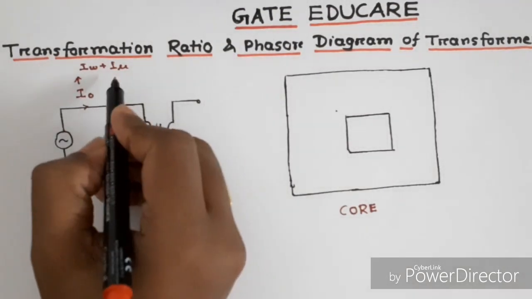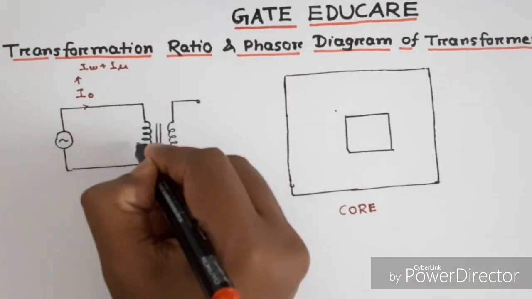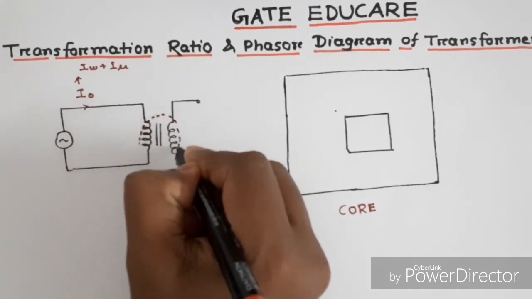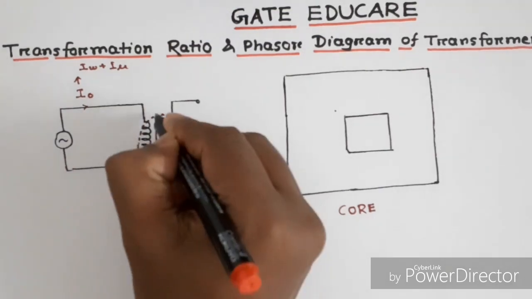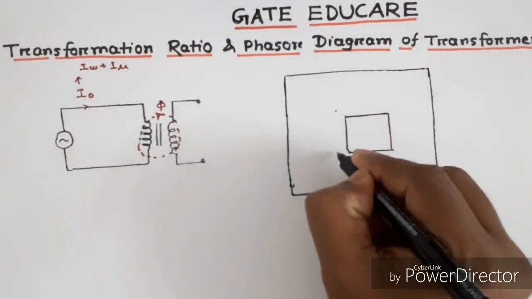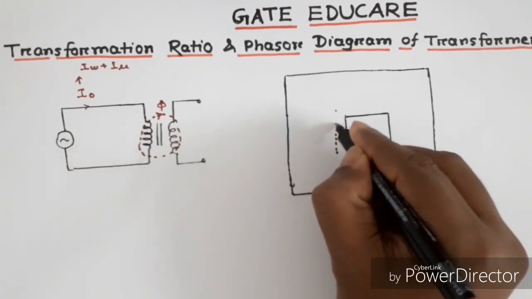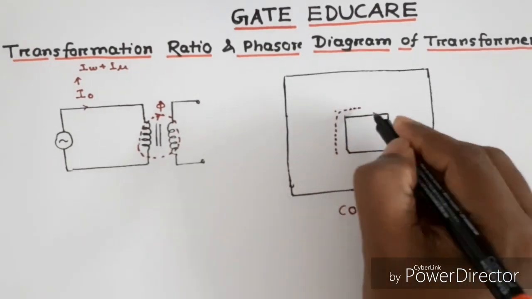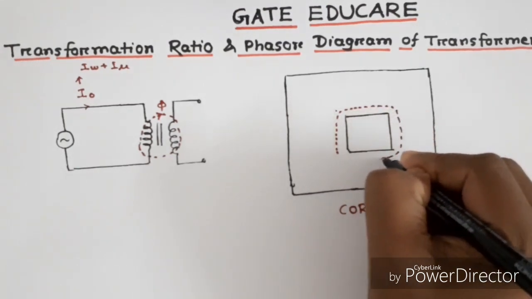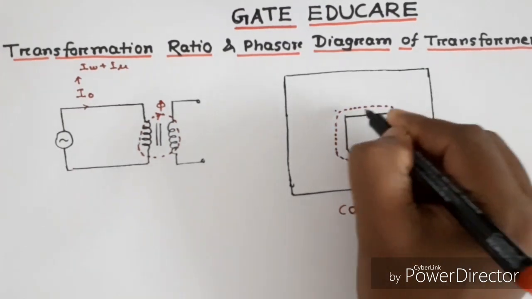Due to the magnetizing current I mu, a flux will be produced in the transformer core. This is the flux phi. The flux passes through the transformer core like this.